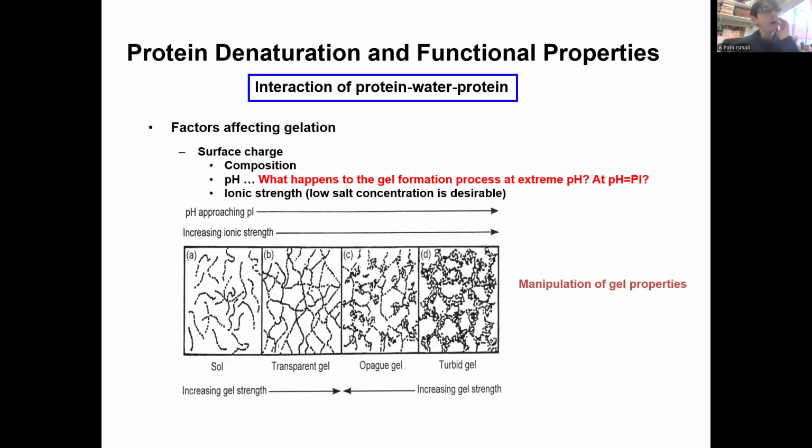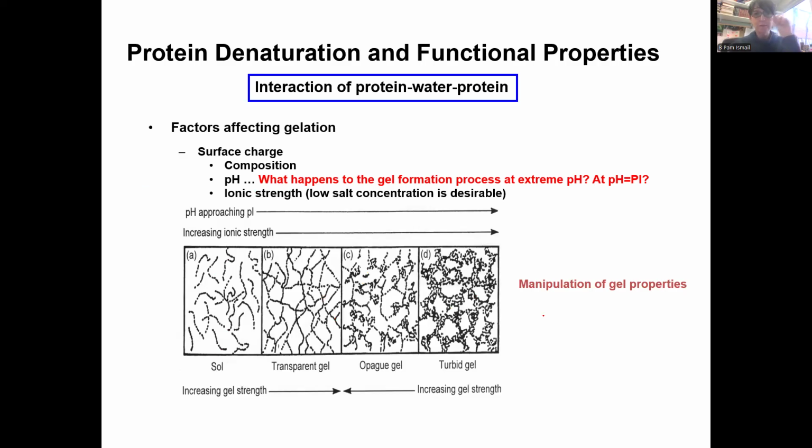So you really want to find that sweet spot for proteins to form a nice gel that is strong enough to maintain its structure and is not gritty, and not so soluble in water, with protein-water interaction so high, that the protein never forms a gel. So you want to find this very nice sweet spot where a gel can be formed with desired characteristics.